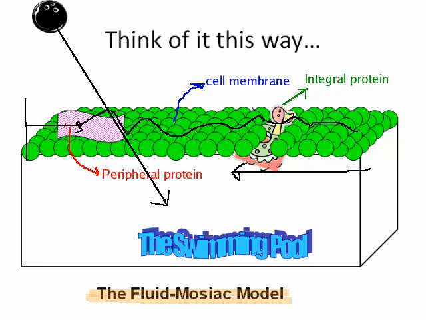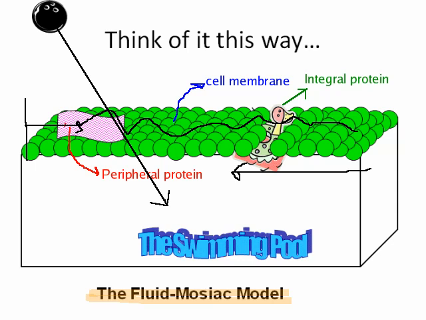This is considered mosaic because you've got individual pieces that are not directly tied to one another. The phospholipid bilayer and the integral protein and the peripheral protein are not anchored to one another. They are free to move about, but yet they still make up one structure.